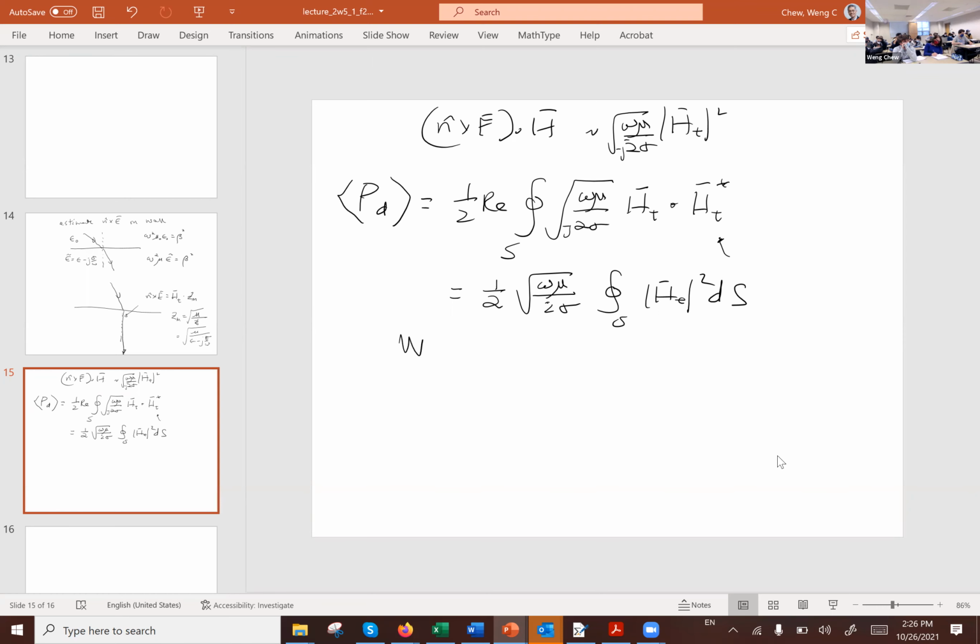And then of course you can estimate the total energy stored, either using the magnetic field energy stored before you put in loss, and that value is going to be equal to the electric energy stored. So you know how to estimate the electric field energy stored and the magnetic field energy stored. They are equal to each other for a lossless structure, and that is not going to change very much. So you know the power dissipation given by the formula above. You know the energy stored.